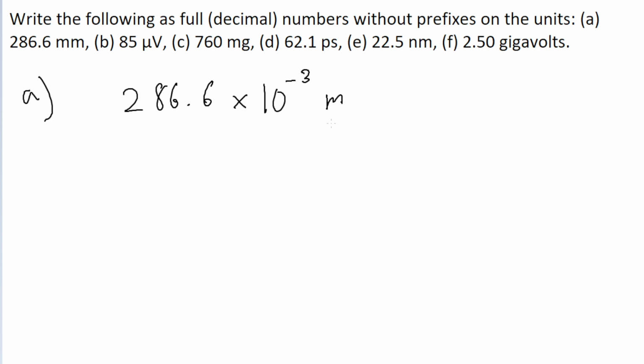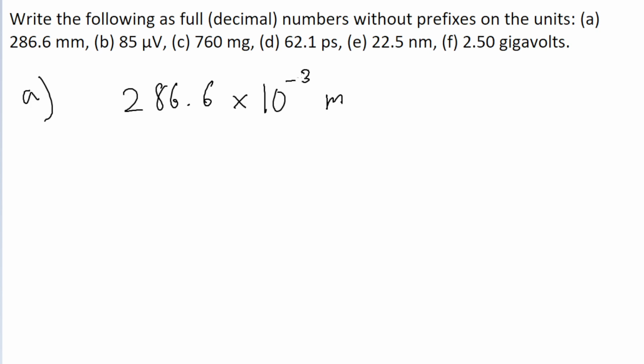And the idea there is that if the power of 10 is negative, then we move the decimal point to the left, and if the power of 10 is positive, then we move the decimal point to the right. And the number of spots that we move the decimal point will be the same as the number that is in that power of 10.